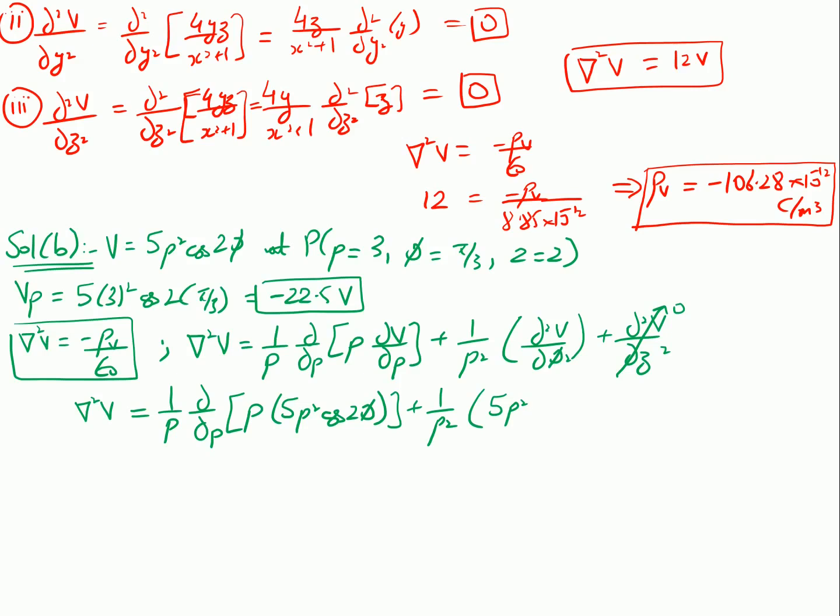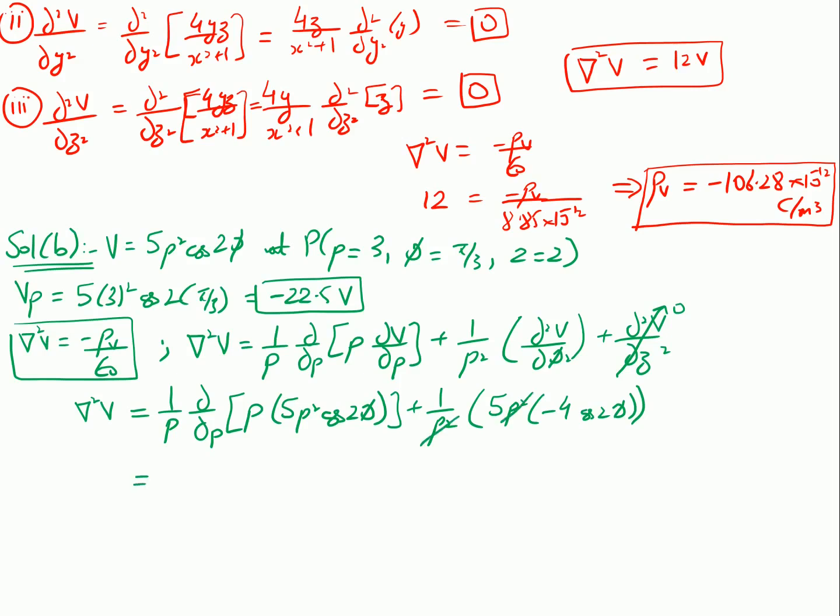Plus 1 by rho square, then the double derivative of 5 rho square cos 2 phi. Let's take the first derivative with respect to phi: cos 2 phi gives minus sine, and so on, so I can write minus 4 cos of 2 phi. This is the solution which you get for the first one, and I can easily cancel out rho square with rho square.